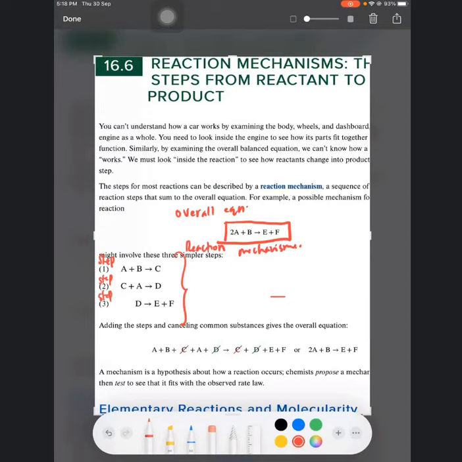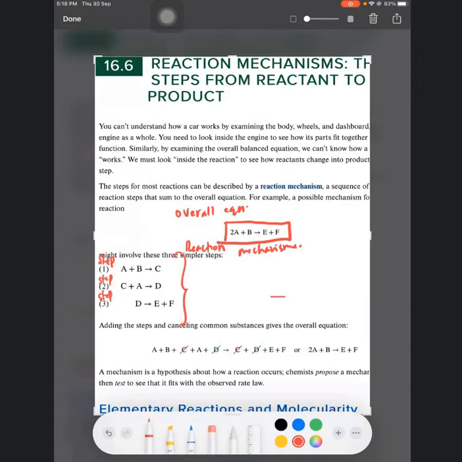So sama juga. Dalam kes ni untuk buat reaction 2A campur B to produce E plus F, kita punya proposed mechanism adalah okay, molekul A kena berlanggar dengan B dulu untuk hasilkan C. Lepas tu C berlanggar dengan A, lepas tu D to produce E dengan E dan juga F. So itu adalah proposed mechanism. And macam mana kita nak tahu proposal kita ni betul ke tak?